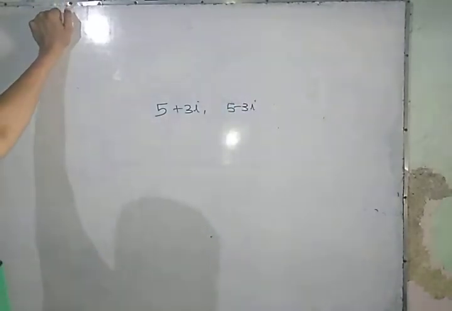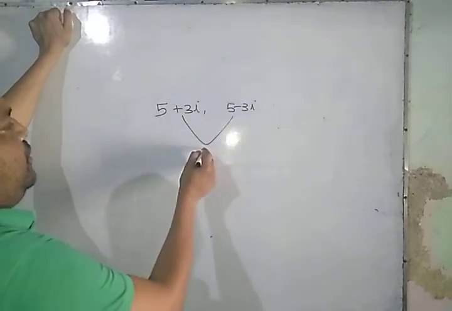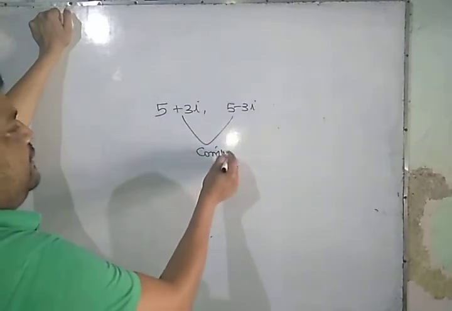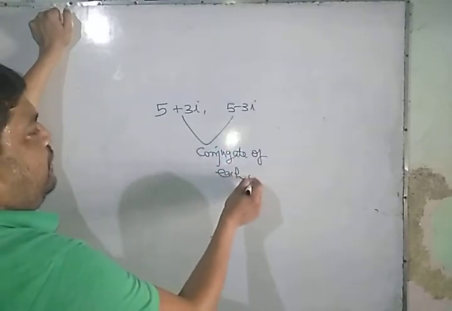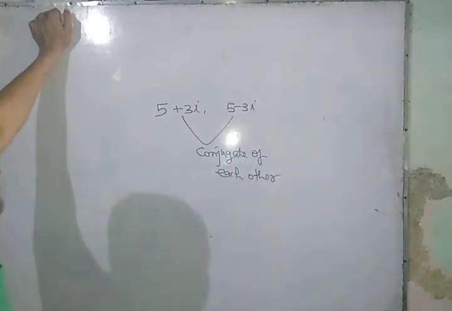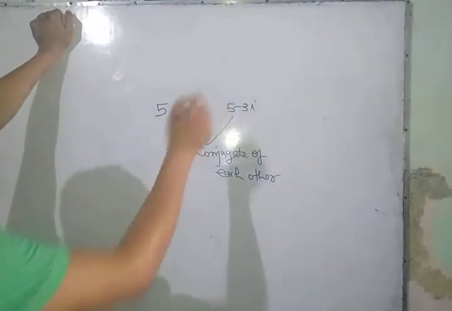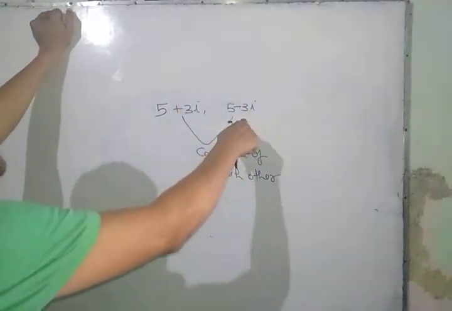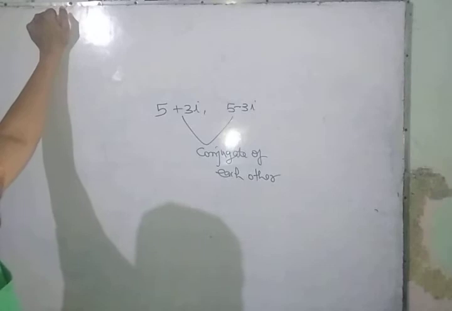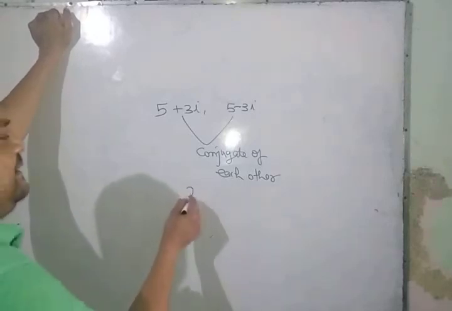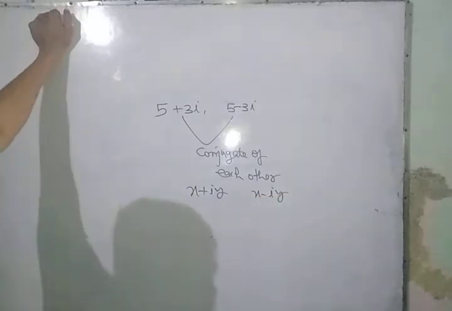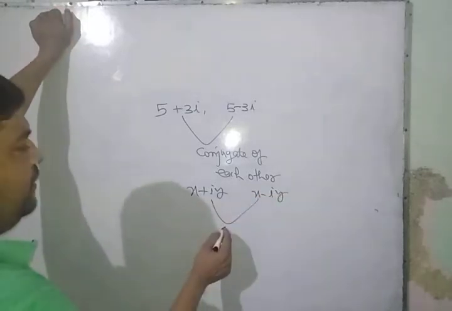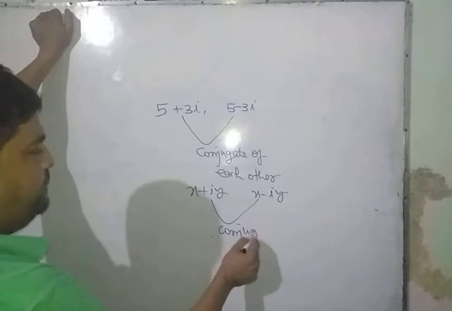There is one more thing to tell you, that they are called conjugate of each other. 5 plus 3i is the conjugate of 5 minus 3i and 5 minus 3i is the conjugate of 5 plus 3i. It means x plus iy and x minus iy, if they are two complex numbers, they will be called conjugate of each other.